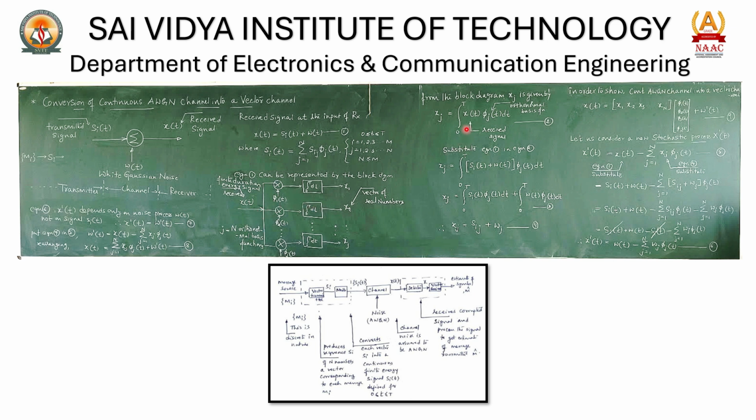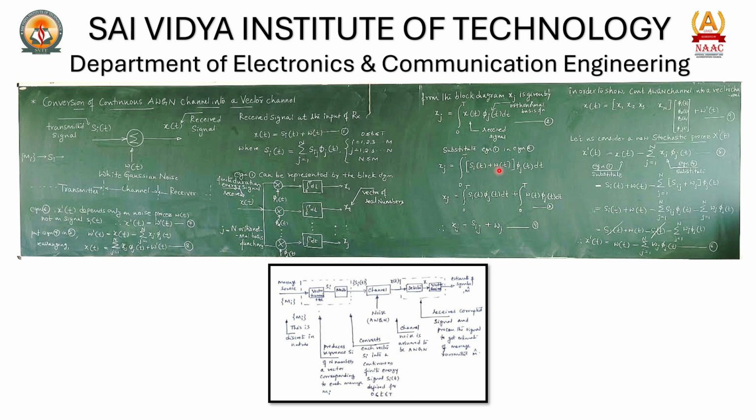Now what will be the expression for this vector of real numbers, the vector value xj? It is given by the integral from 0 to T of x of t phi j of t dt. That means I have multiplied the incoming signal with the orthonormal basis function. What is x of t here? X of t is nothing but the transmitted signal and the noise.